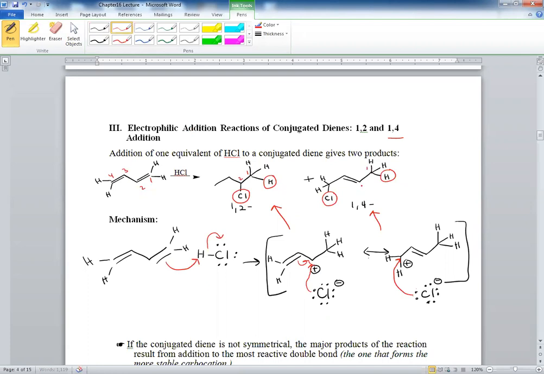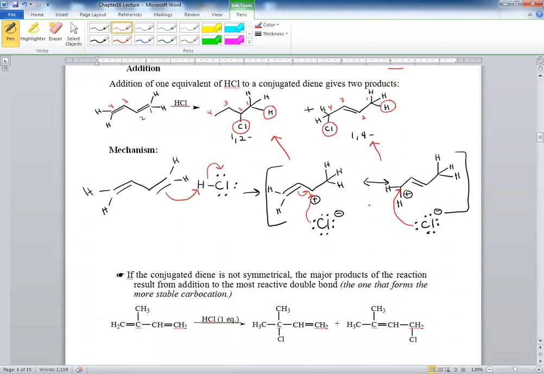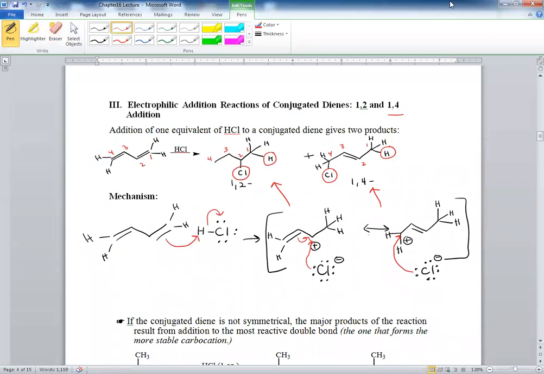For the second product, it would be a 1 and 4, because if you look, let's just number these. This is 1, this is 2, this is 3, and that's 4. So here we have stabilization by resonance, as you can see in the diagrams.